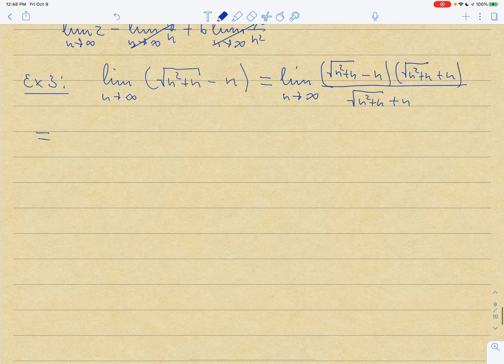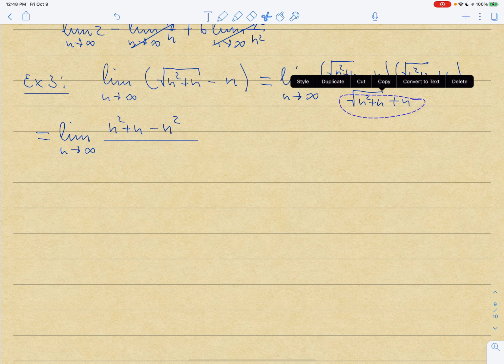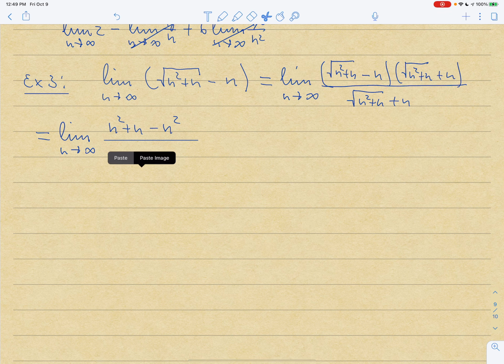Then we continue simplification, so limit n tends to infinity. On the top now I have n squared plus n minus n squared, as a product of the conjugates. And the denominator is exactly the same as before. Well, n squared cancels from the top.